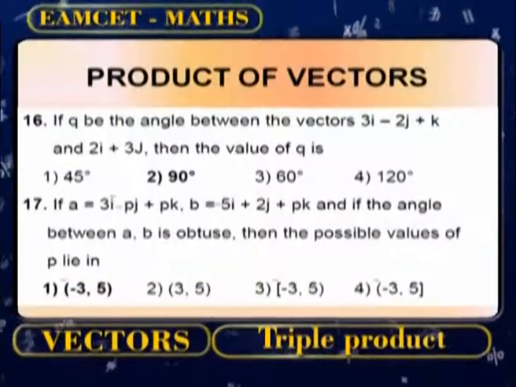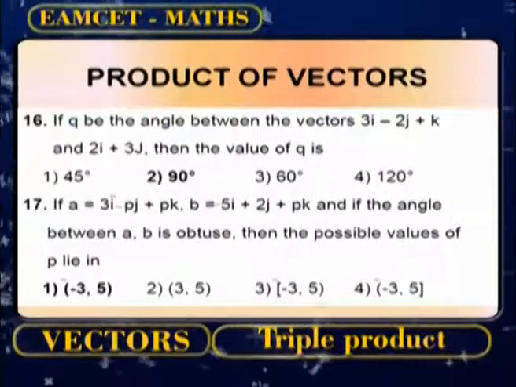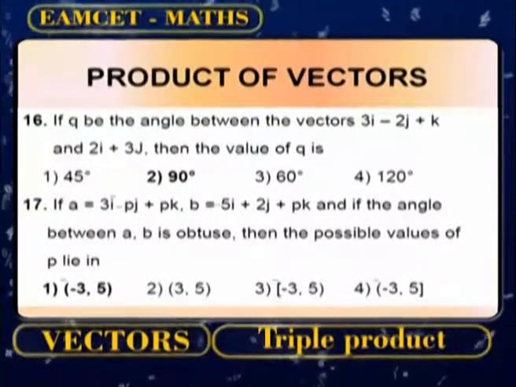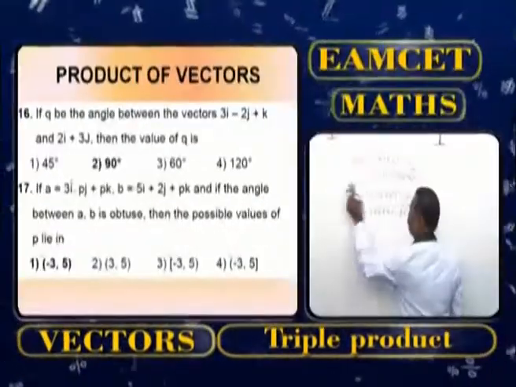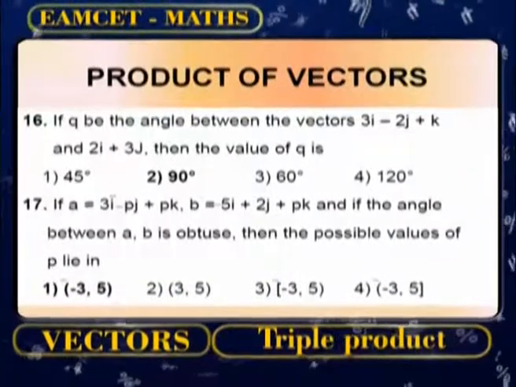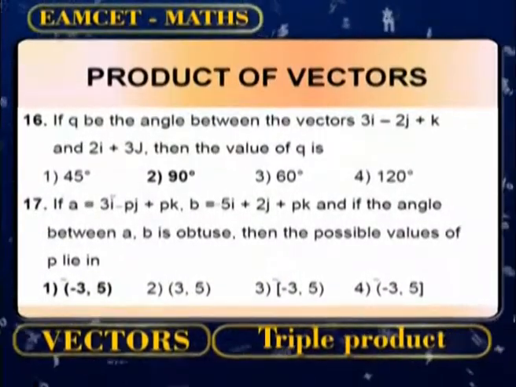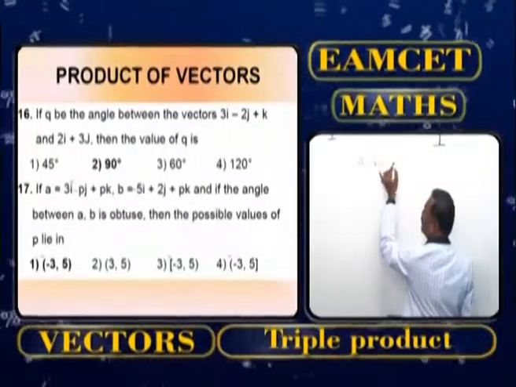17th question. If a bar is equal to 3i minus pj plus pk, b bar is equal to 5i plus 2j plus pk, and the angle between a bar and b bar is obtuse, then the possible values of p lie in. When the angle between them is obtuse, a bar dot b bar should be less than 0.